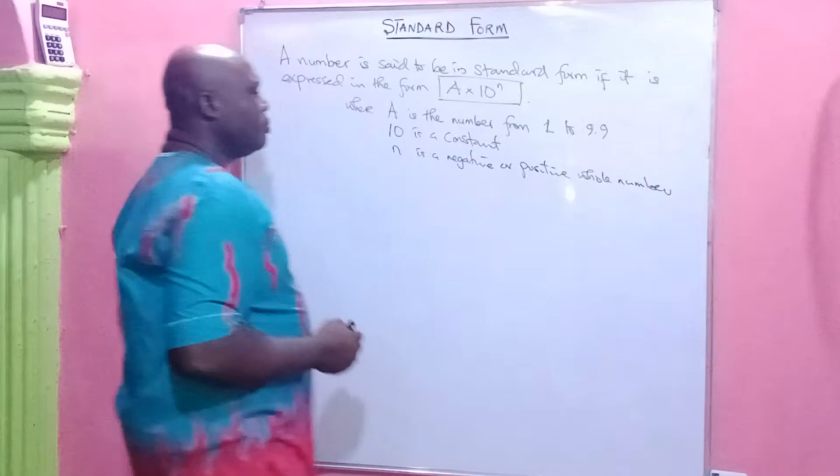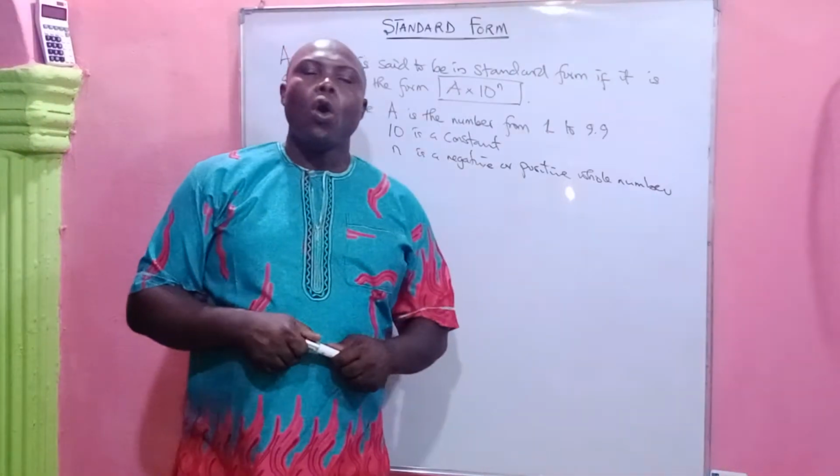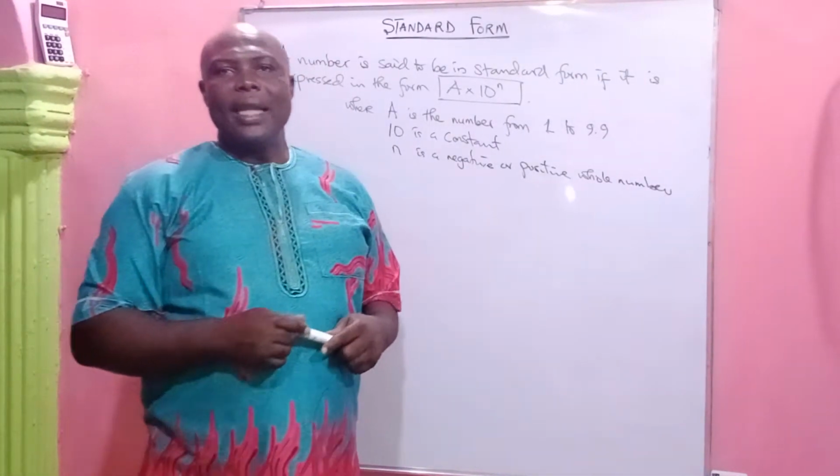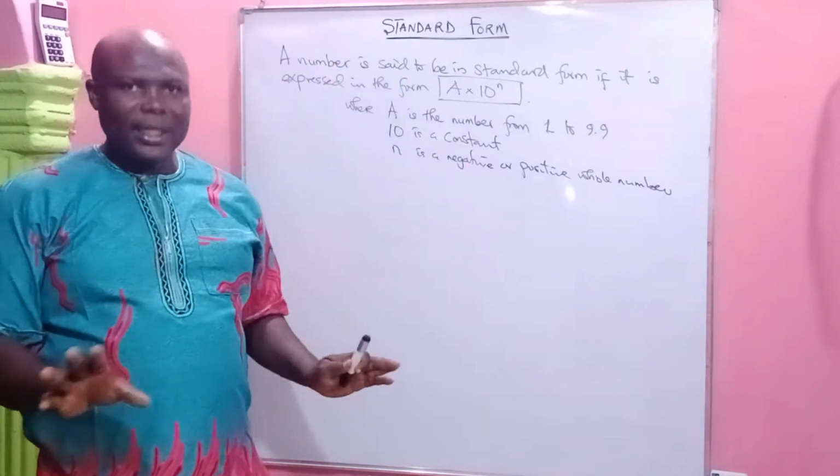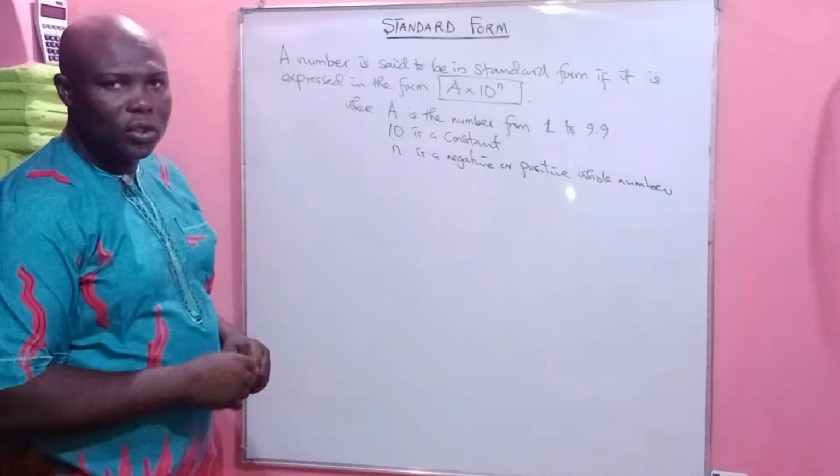So don't forget that. It means our n will be a negative or positive whole number, depending on the type of number that has been given for you to express in standard form. Let's have some illustrations so that you understand.